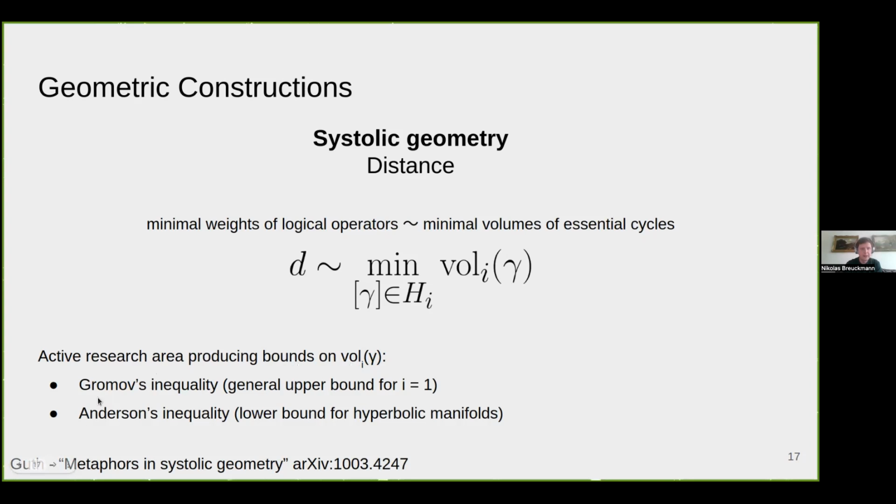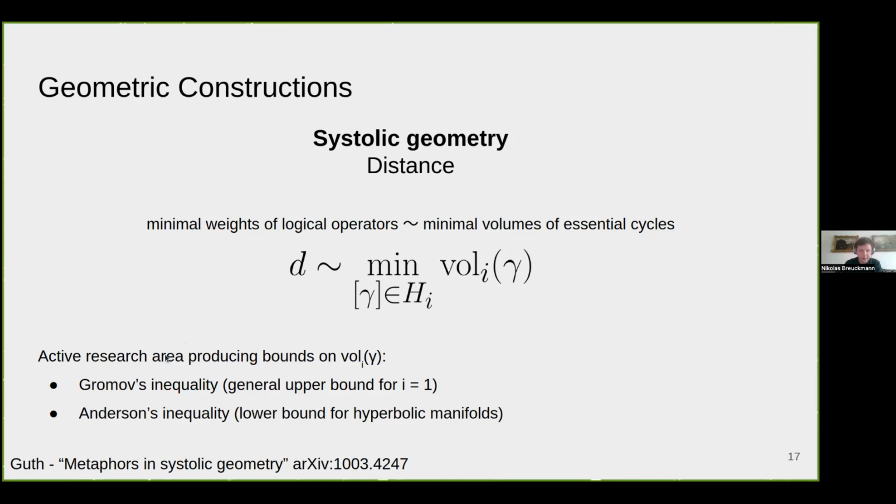Classical results are, for example, Gromov's inequality, which is a general upper bound for i equal to 1, so for one-dimensional essential cycles. But there are also lower bounds, which is what we are interested in. We want to lower bound the distance; we want to know how good our code is in the end. An example of this is Anderson's inequality, which lower bounds these volumes for hyperbolic manifolds.